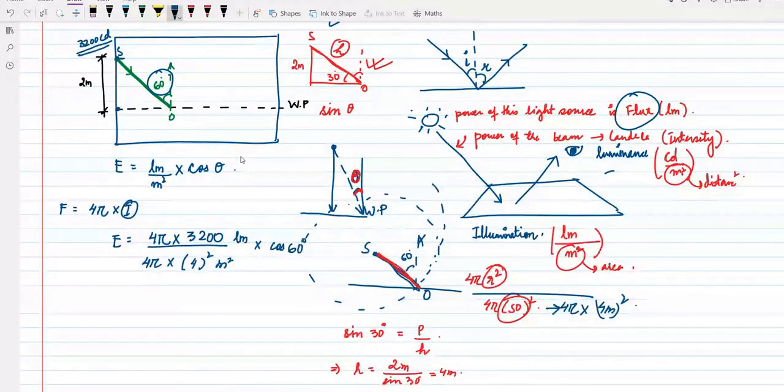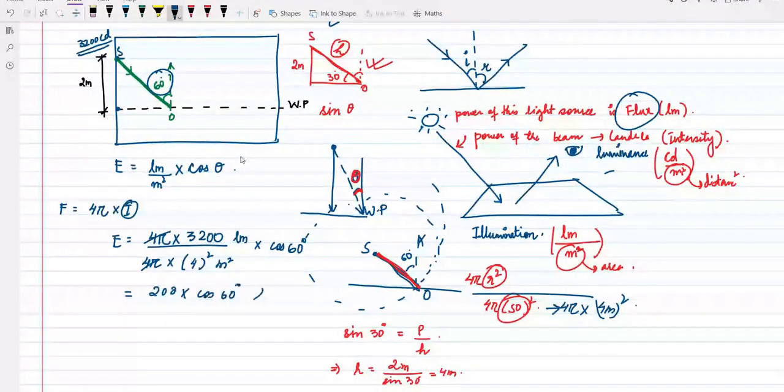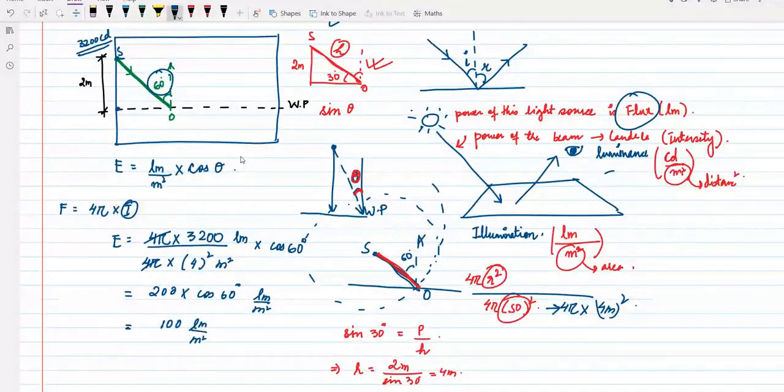From here, this gets cancelled out. This would eventually become 200 into cos of 60 degrees lumen per meter square. So this becomes 100 lumens per meter square, and lumens per meter square is nothing but lux. So this was the answer.